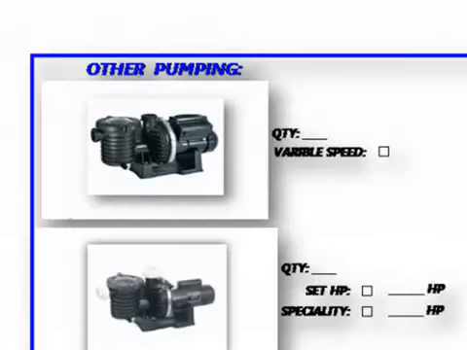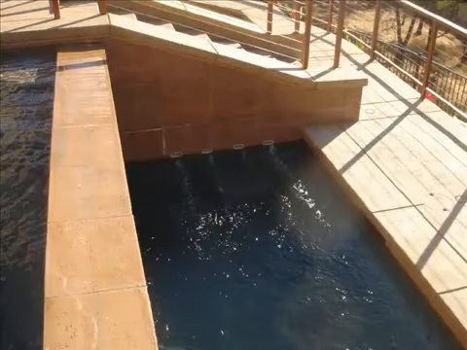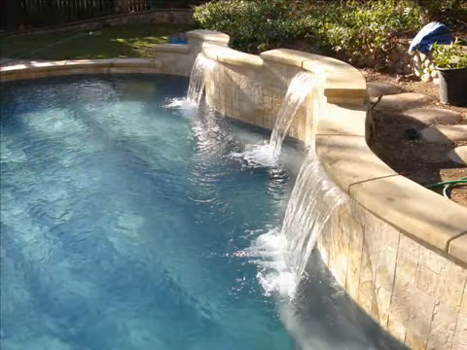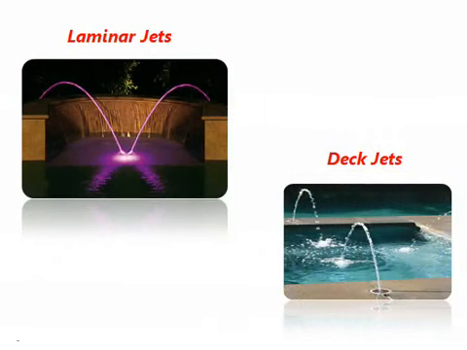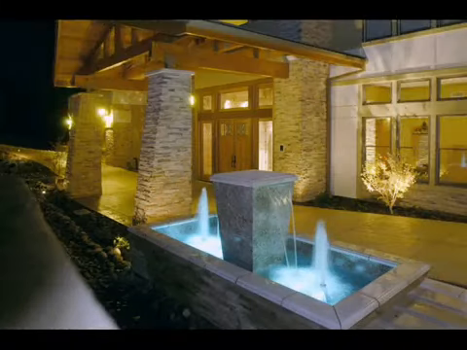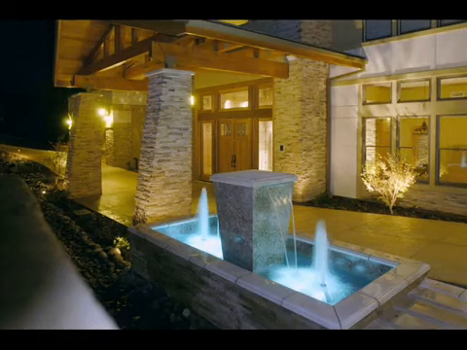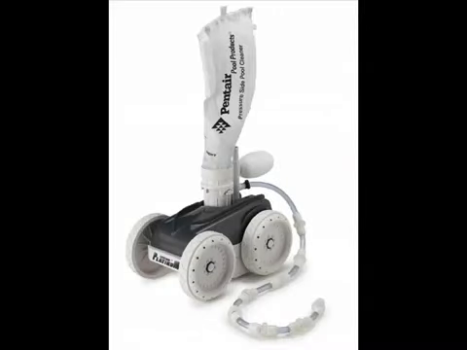Other pumping requirements may involve features such as swim currents, waterfalls, laminar jets and deck jets, specialty water features, pool cleaners, and other considerations that may become a requirement in the considerations of creating water-enhancing swimming pool environments.